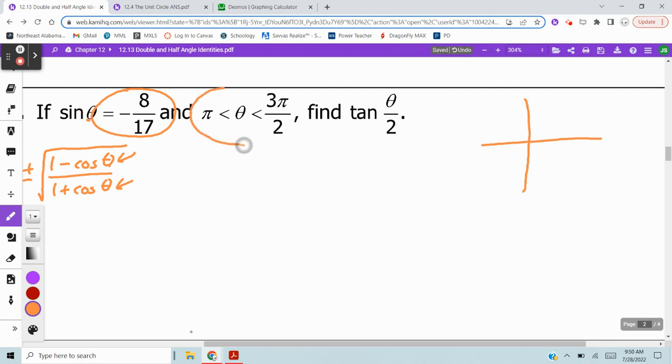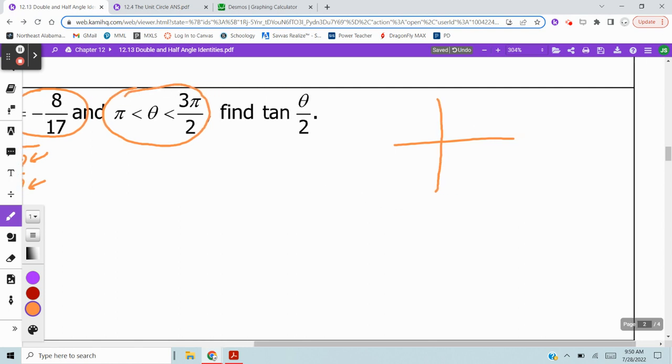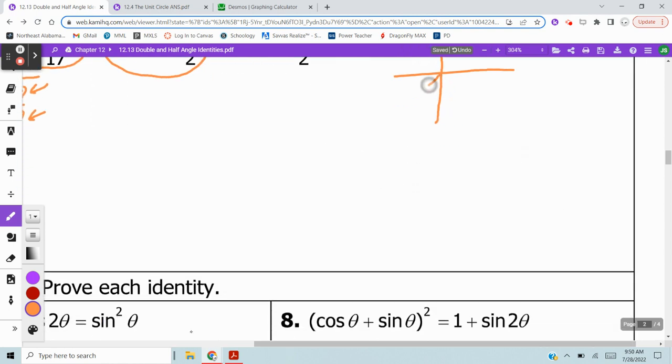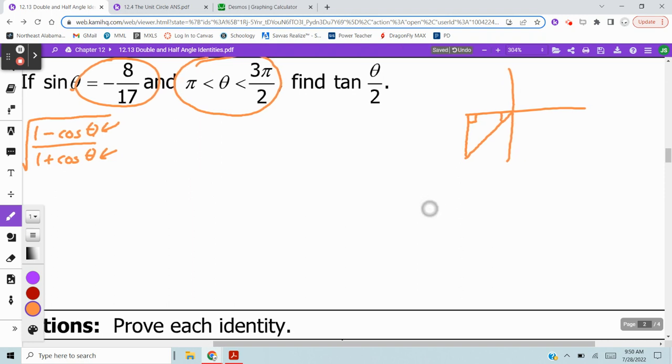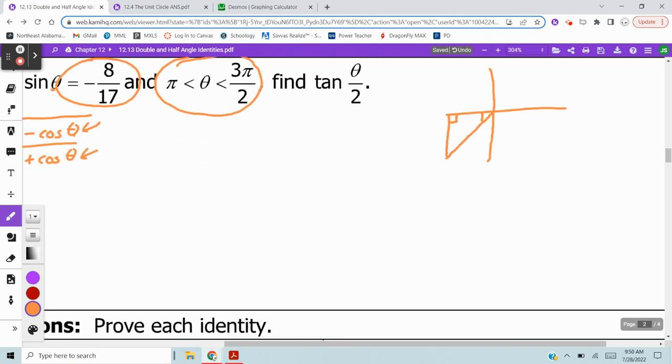My theta is between 180 and 270, so I'm somewhere in this third quadrant. Let's sketch this out. Here's my reference angle, there's my right angle. We're given that the sine is 8 over 17, so that would be opposite over hypotenuse. And that also is a triple. That would be an 8, 15, 17 right triangle.